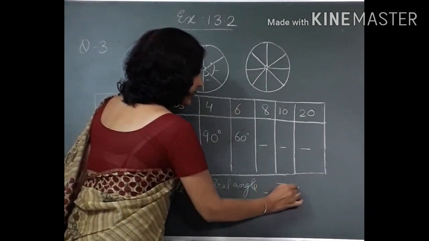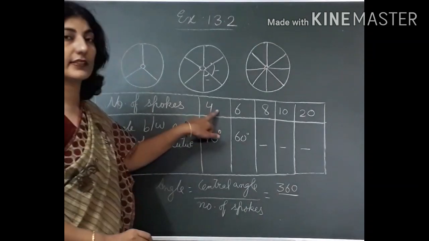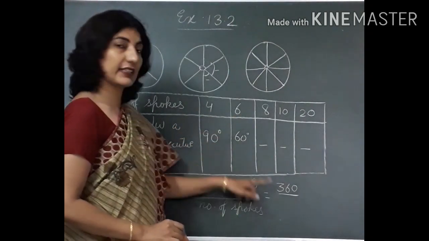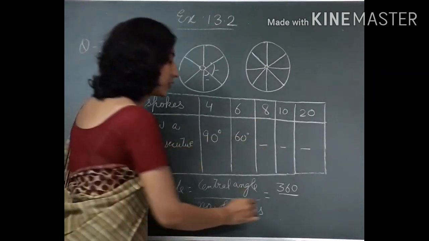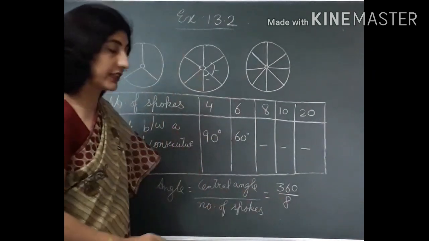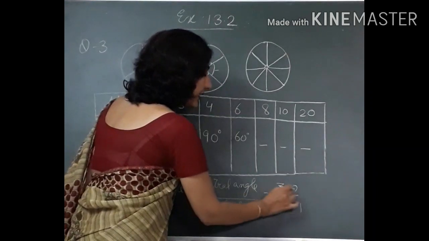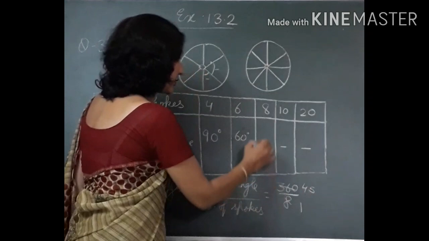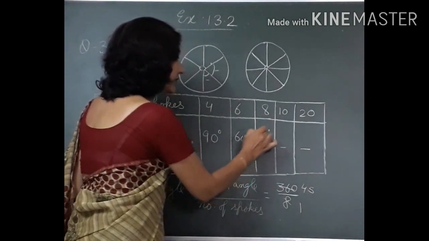360 degree divided by, here if I divide 360 by 4, I will get 90. Then I divide 360 by 6, I will get 60. Now I have to find here, so I will divide 360 by 8. You can cancel here, 8 ones are 8, 8 fours are 32 and 8 fives are 40. So here the angle will come 45 degree.